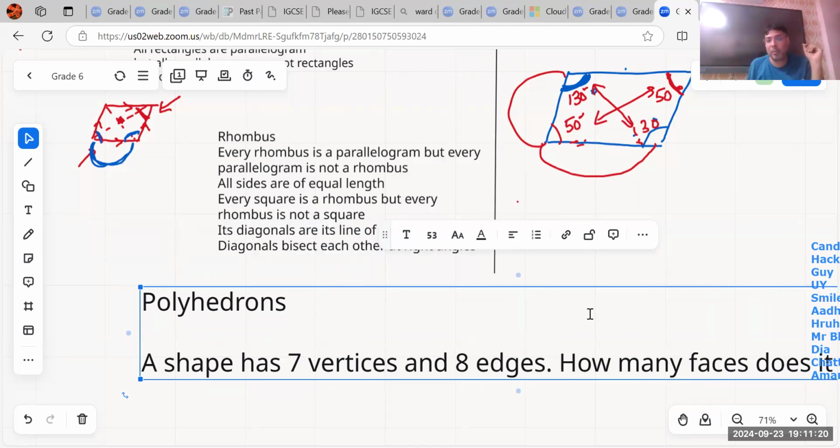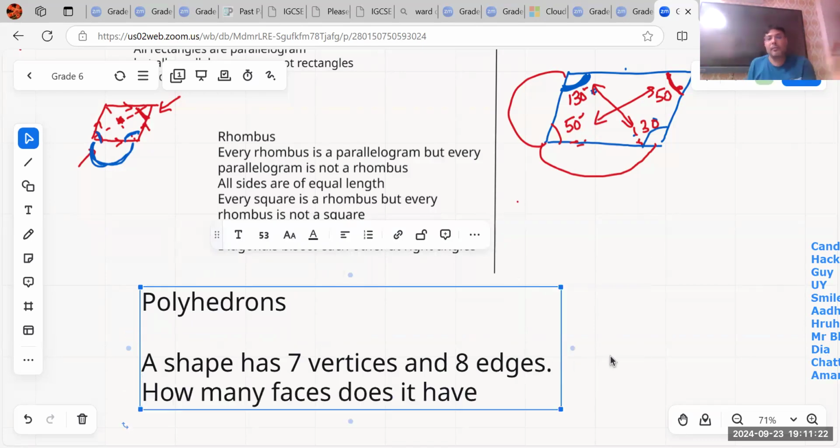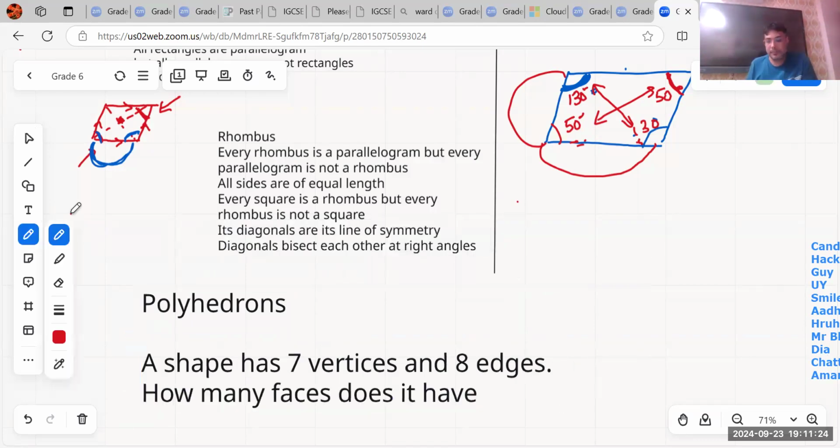इसके लिए we have a formula. The formula is f plus v minus e equal to 2. This is the formula. मुझे edges कम vertices 17 कर देता हूँ. So how will I find f?